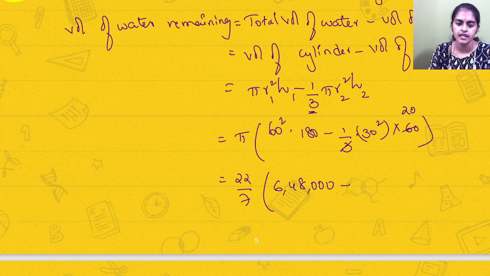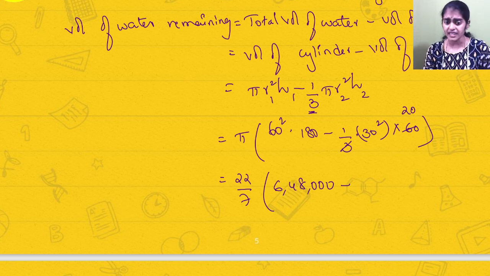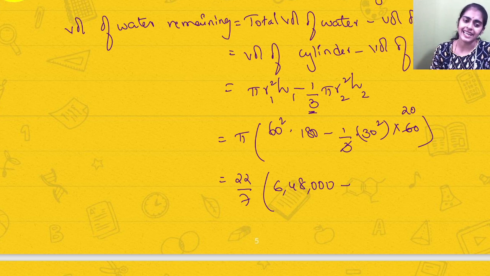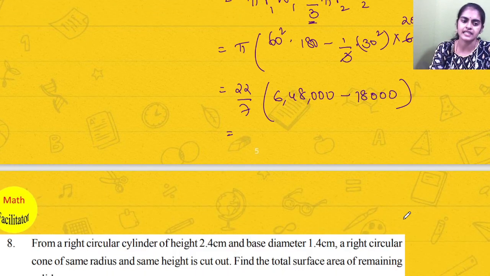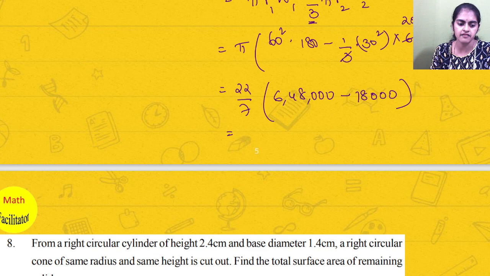So 900 into 20, అంటే 18,000 వస్తుంది. Okay, so now if you can cancel here you can cancel, otherwise you can subtract and then find the answer. So ఇక్కడ 6,48,000 minus 18,000 అంటే మీకు 6,30,000 వస్తుంది ఇక్కడ.